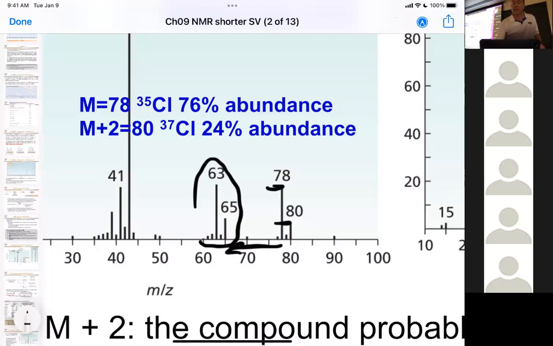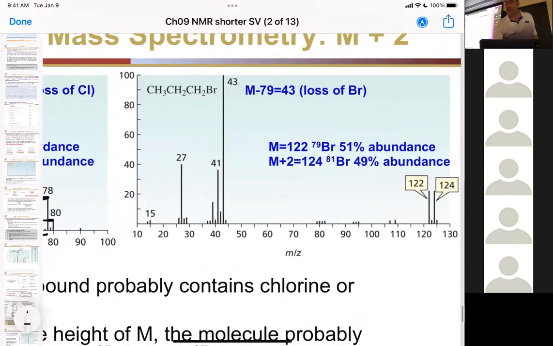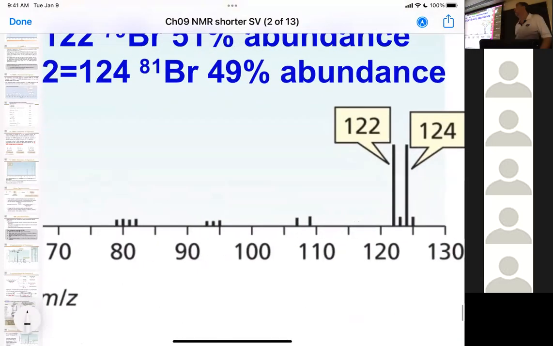Okay, so let's look at bromine then. In the case of bromine, we're going to see two peaks that are almost the same height, an M and an M+2. So it's 79 and 81 on their masses there, and they're equal in height. So you can tell the difference between something with chlorine in it or something with bromine in it just by looking for these two patterns. Doesn't work with fluorine or iodine.